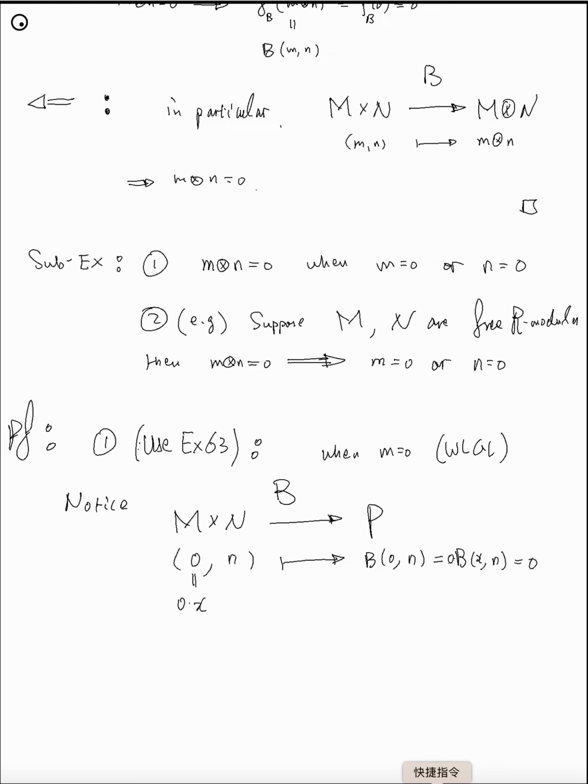And so this is 0. So any bilinear map will vanish on this element, and so by the previous exercise, this tensor product is 0.